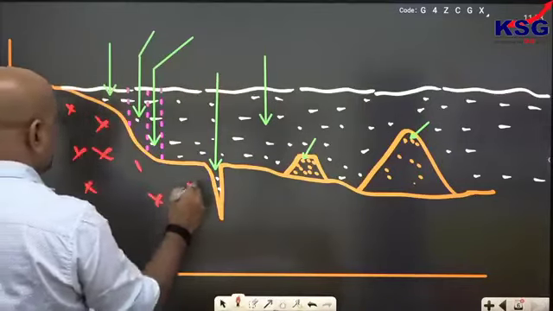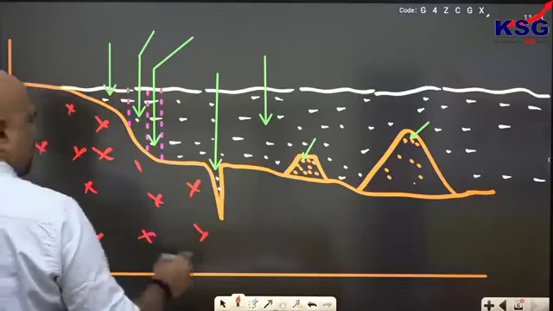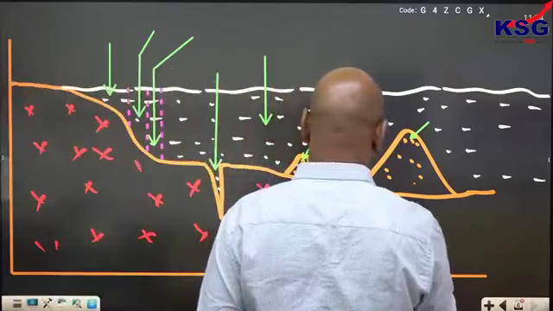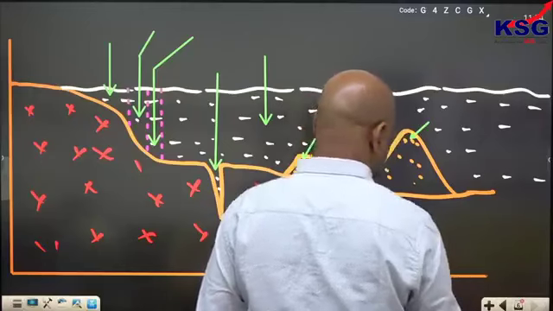If this is the ocean here and this is the ocean floor, I said there is no uniformity here.